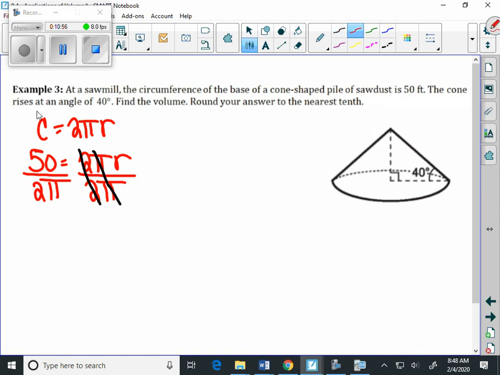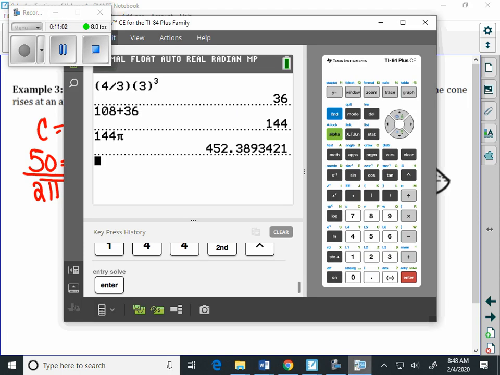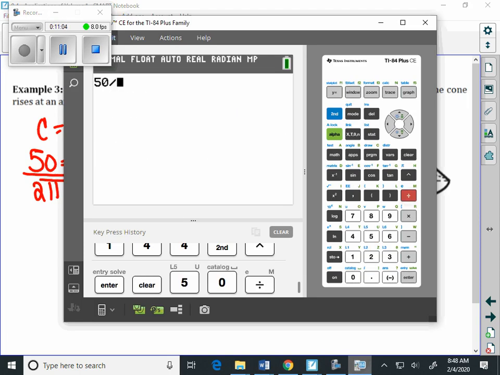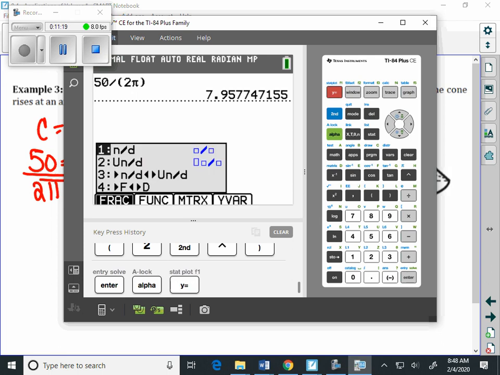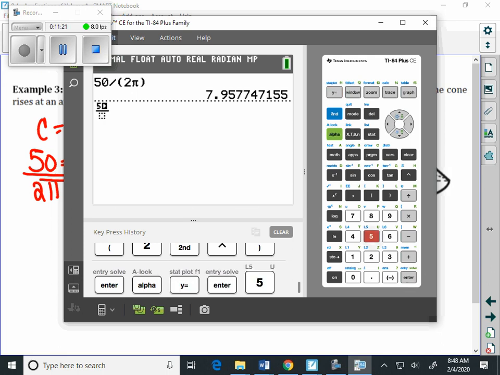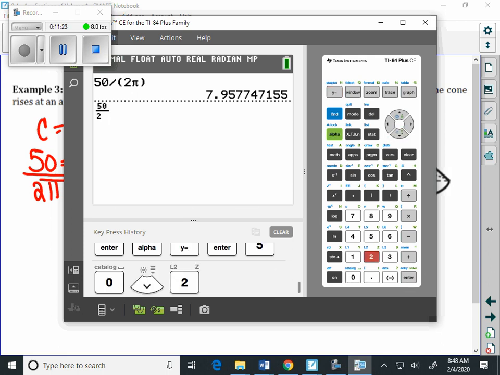Pi divided by pi is 1, and we get our radius. We can type that into our calculator, and we get 50 divided by, and if you're not using a fraction button, we need parentheses around the 2 pi. So we get that value there. With the fraction button, which is alpha y equals enter, it's 50 divided by 2 pi.